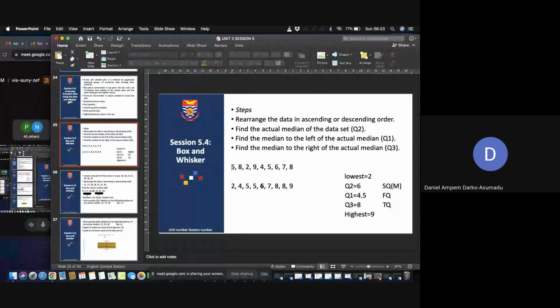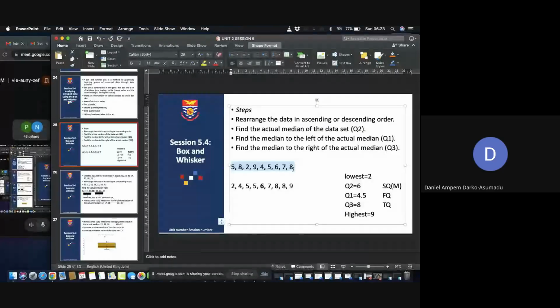Now let's start with an example. Assume I give you this data set: 5, 8, 2, 9, 4, 5, 6, 7, 8. The first thing is to rearrange the data as the steps indicated, in ascending order, from the lowest to the highest.